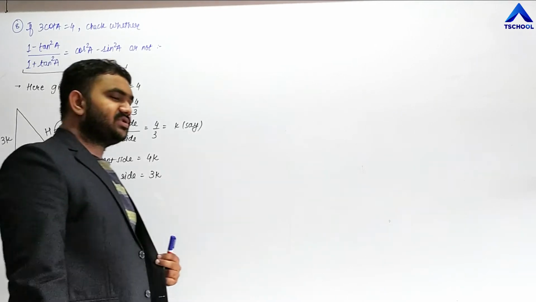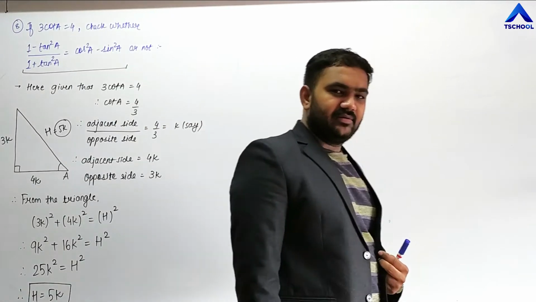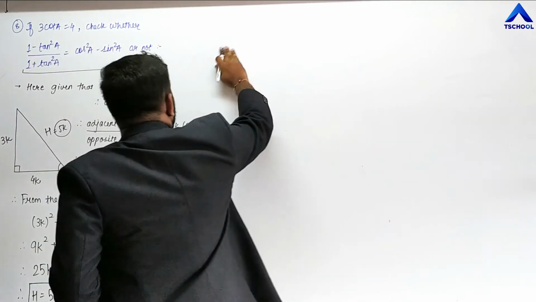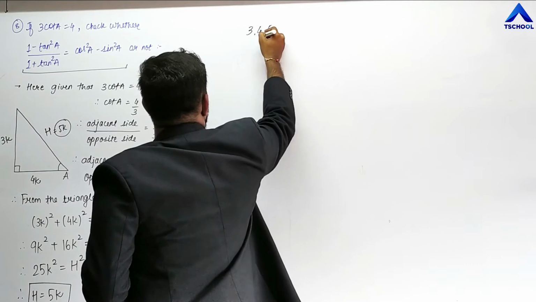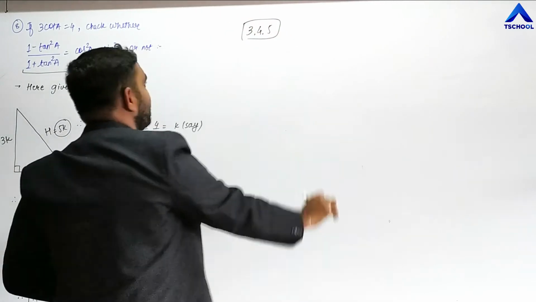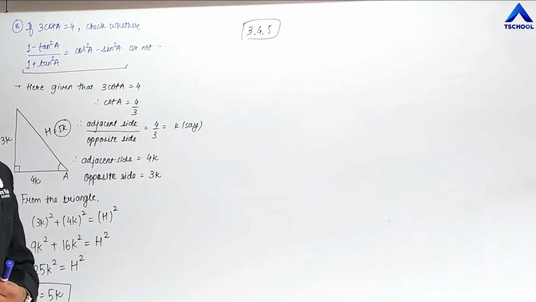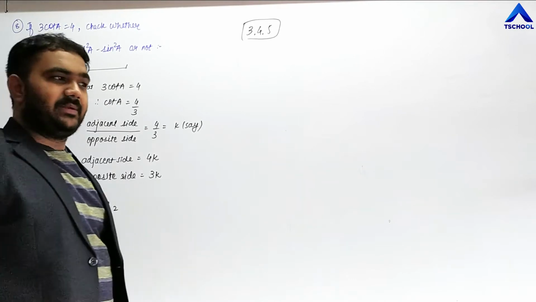So friends, I was talking about the Pythagoras triplet. Triplet means three numbers like 3, 4, 5. A bunch of three numbers is known as a triplet.